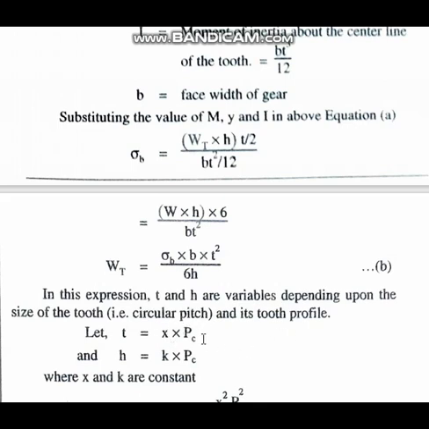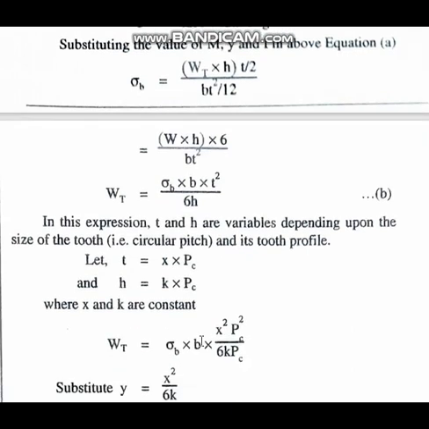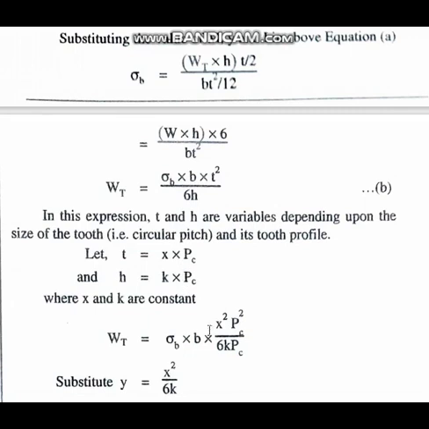Now, let t also be written in terms of circular pitch, some constant x into circular pitch, and h also we can write as some constant k into circular pitch. Okay, so let us substitute those two values here.